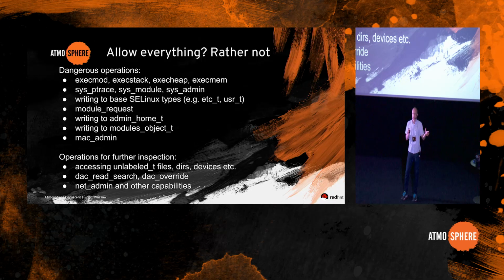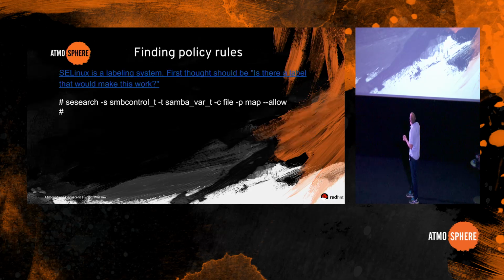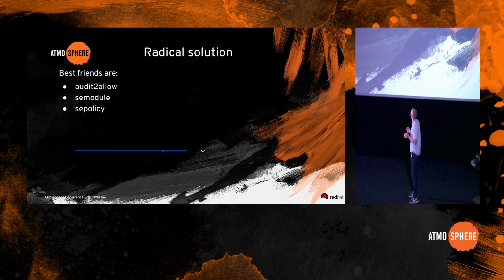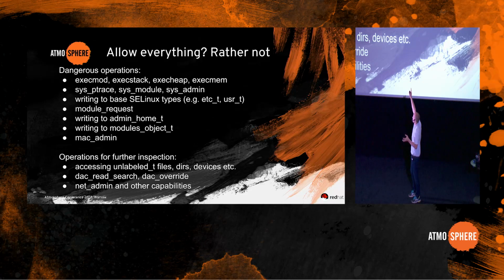see SELinux denials, and these SELinux denials contain operations like, if you remember the SELinux denial with the map, here is a map in the curly braces. So if you see on that position operations like execmod, execstack, execheap, execmem, you should ask questions, because these operations are dangerous, and sometimes they point at the writer of the application or at the compiler.